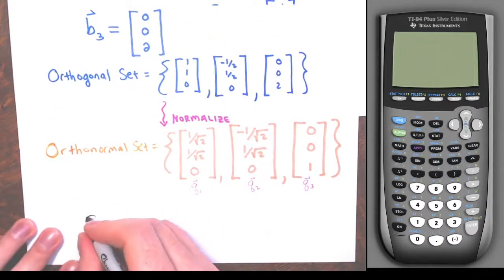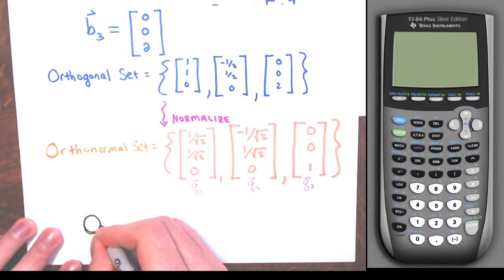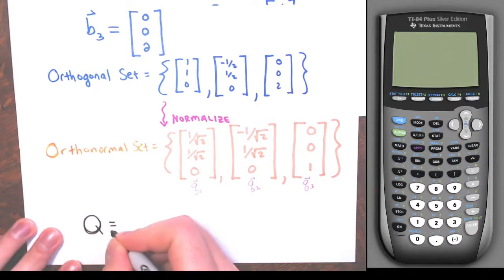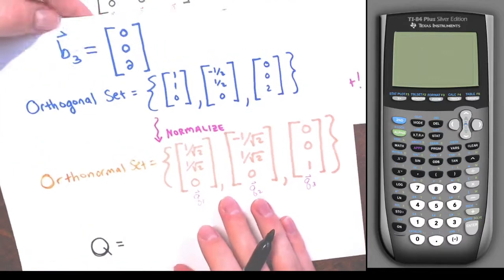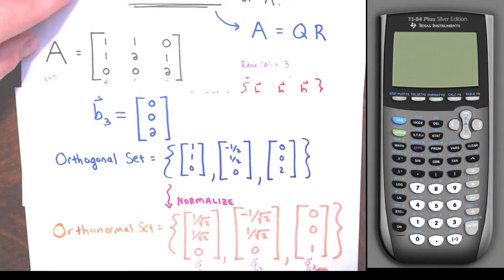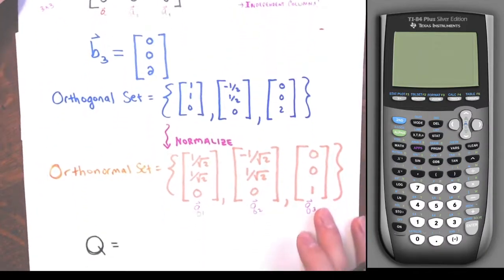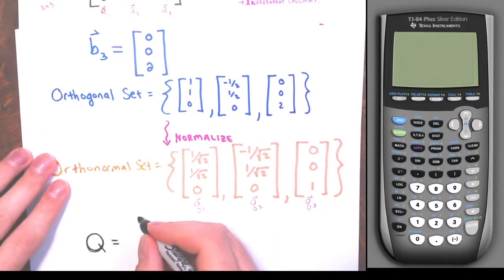So matrix Q with the orthonormal columns is going to have the same size as the matrix A. Matrix A is a 3 by 3, so matrix Q should also be a 3 by 3 when I'm done setting it up.